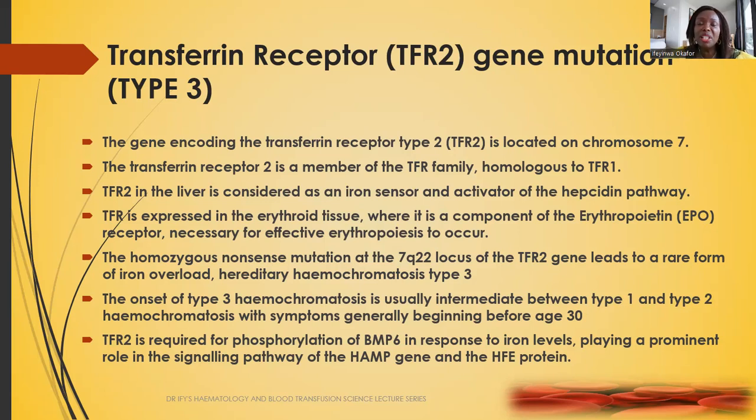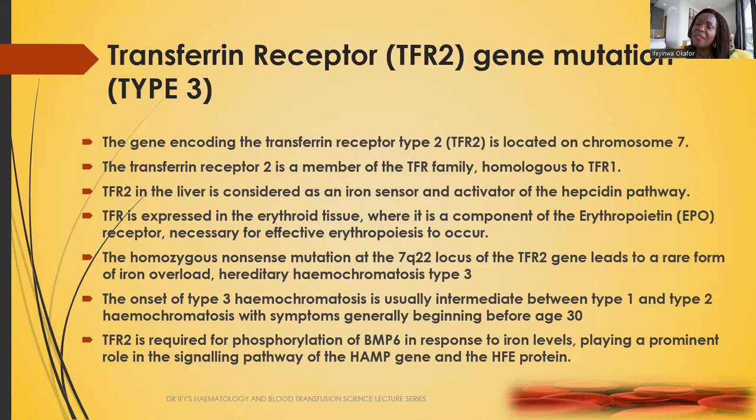The gene encoding transferrin receptor type 2 is located on chromosome 7. Transferrin receptor 2 is a member of the transferrin receptor family. When we were treating iron metabolism, we said that transferrin receptors are found on the surfaces of cells that need iron, and they form a complex with transferrin. Transferrin is the protein that transports iron in the plasma.